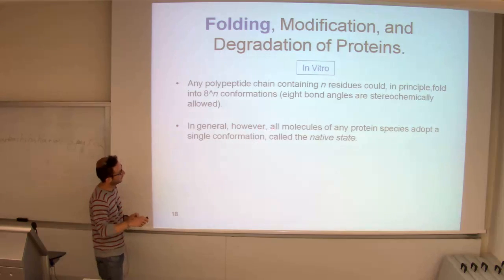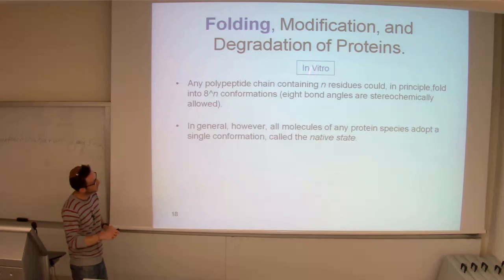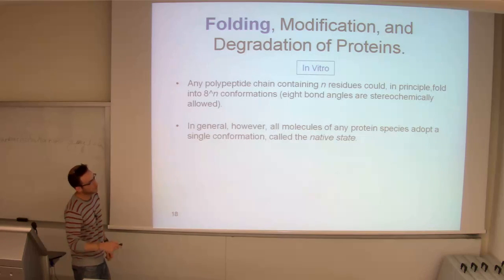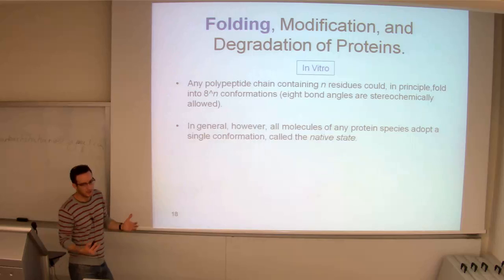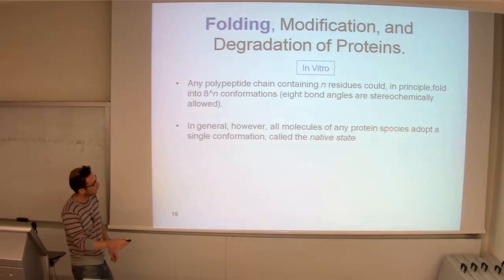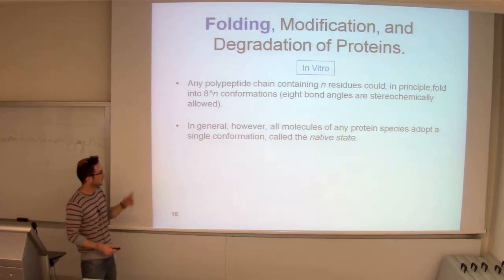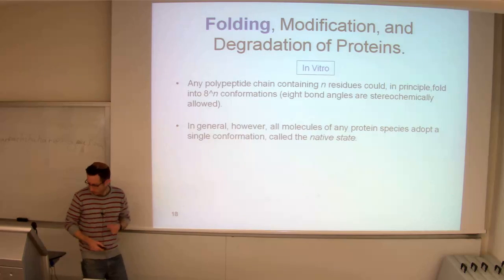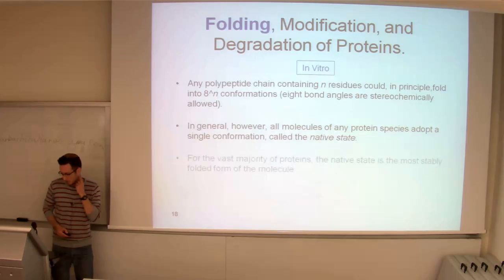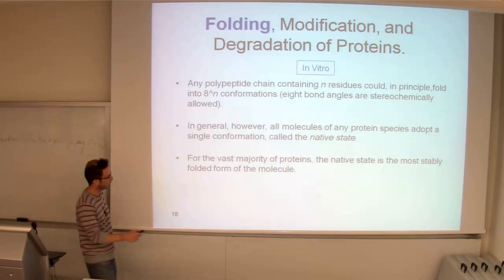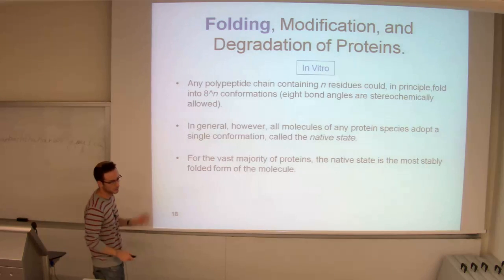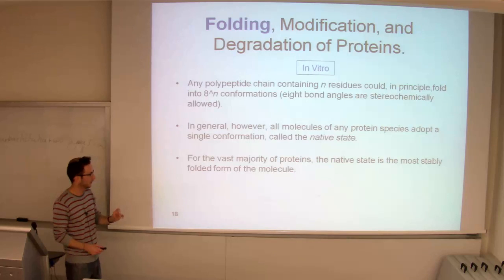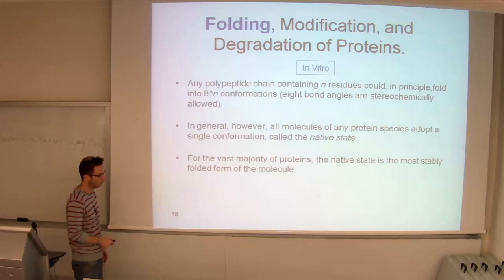But what we find in nature, or even in the test tube, is that practically almost all molecules of any protein species adopt just a single conformation that is called the native state. And for most of these proteins, the native state is the most stably, thermodynamically, folded form of the molecule.